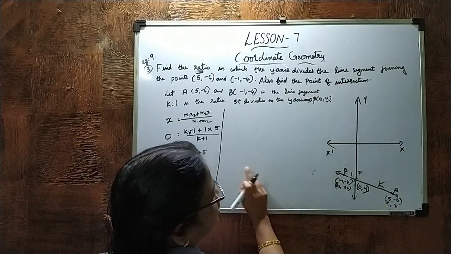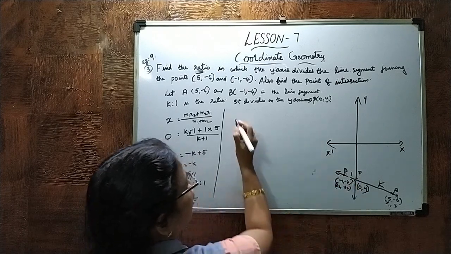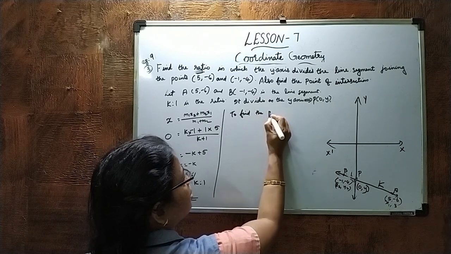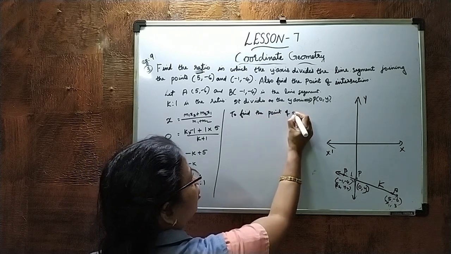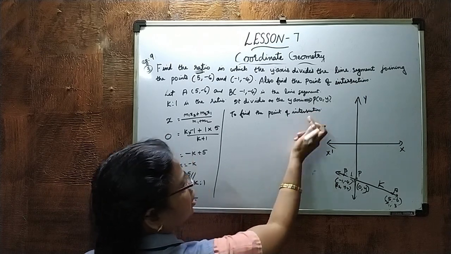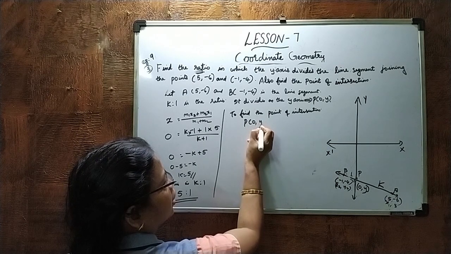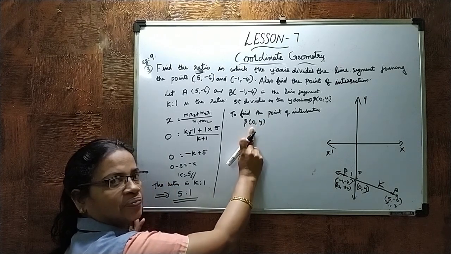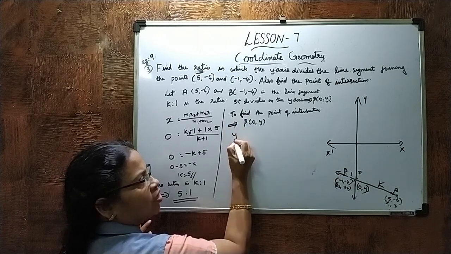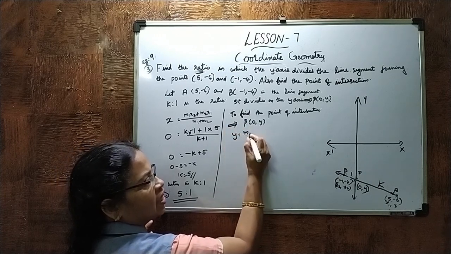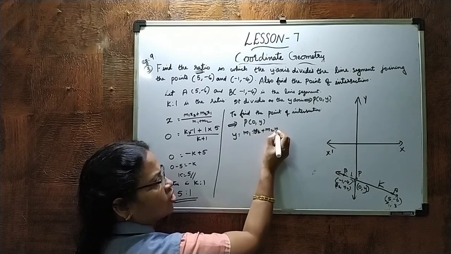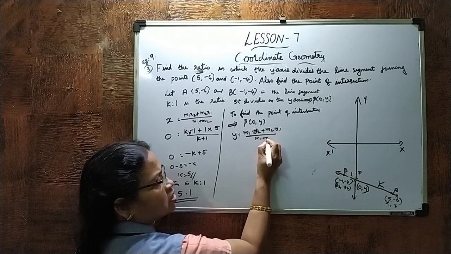Okay. Then what is next? The point of intersection means the point of intersection is P. So to find the point of intersection, already P is (0, y). Already the x coordinate 0 is there, right? Then y's value you have to find out. So how will you find out y? Y equals, what is it? (m1 y2 + m2 y1) divided by (m1 + m2).